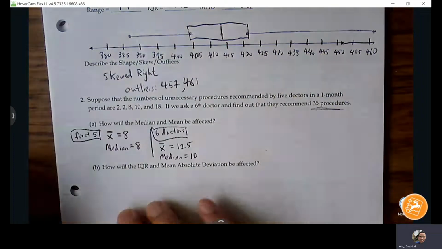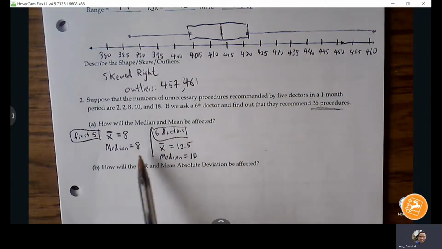The median will go to 10. So we see that the mean and median will both increase.